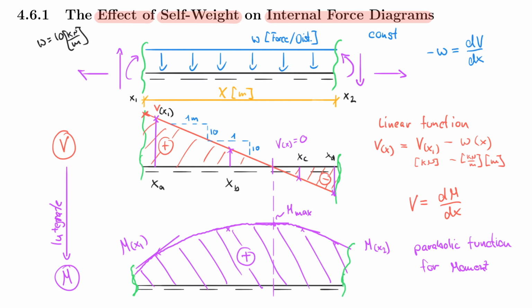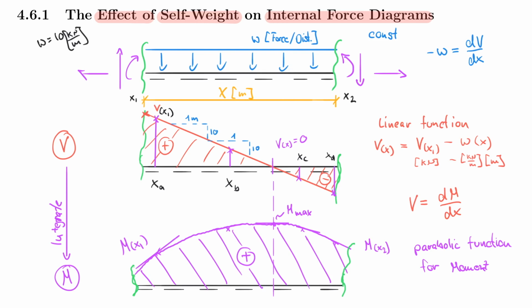In fact, we will actually apply this today. We will not calculate the values everywhere along the line, and we will not set up functions, really. That is our goal in our next lecture. But to really understand how these diagrams come about, we really needed to talk about the relation here between the distributed force and the shear force, and the shear force and the moment, all for effectively self-weight or evenly distributed forces.